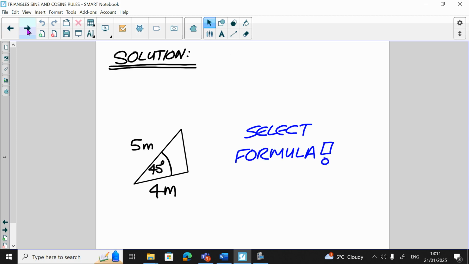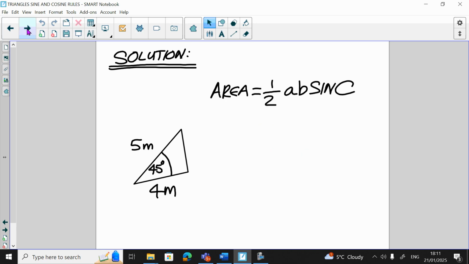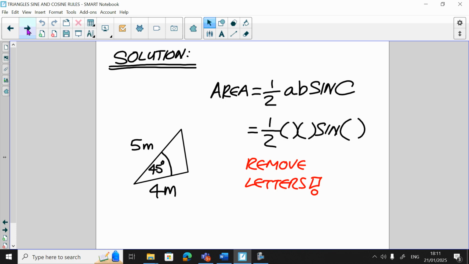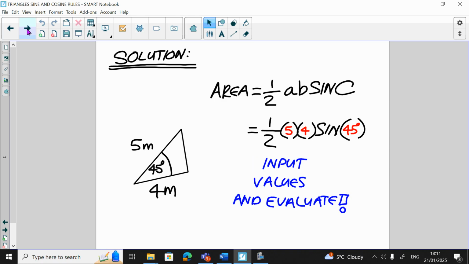Aye. So I'm going to pick the formula. So I'm just going for the general formula. Half times the two sides times the sine of the angle between. So I've just put in wee brackets. 5 times 4, 4 times 5, that doesn't matter. You get the same result. Times the sine of 45.